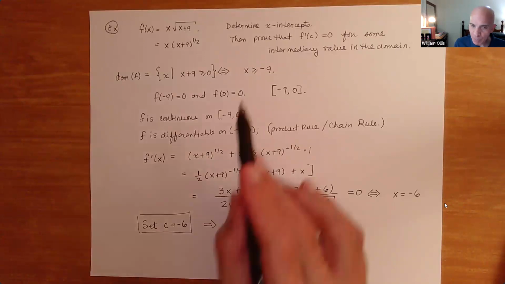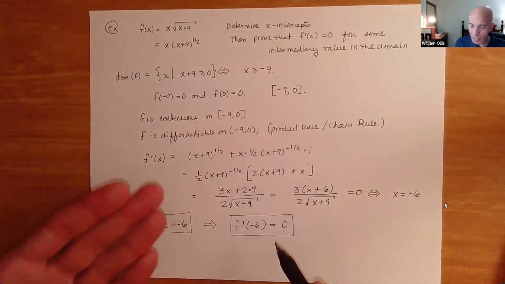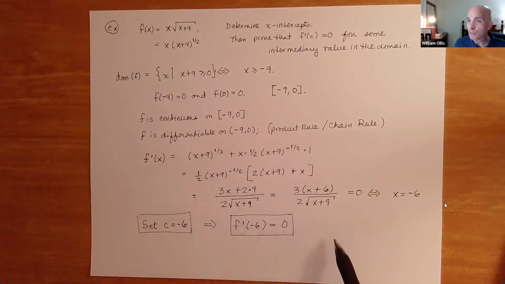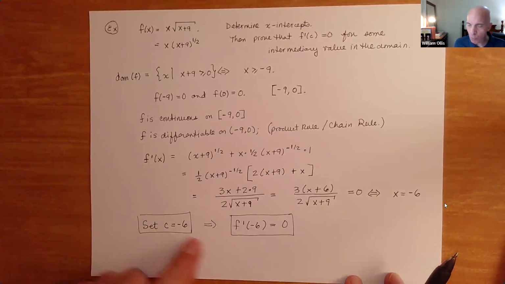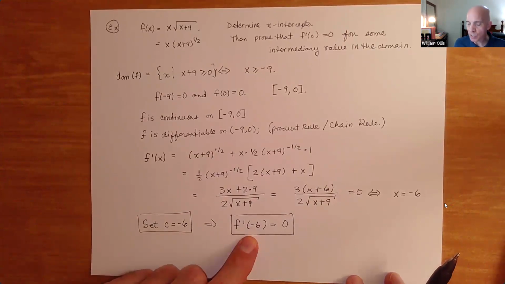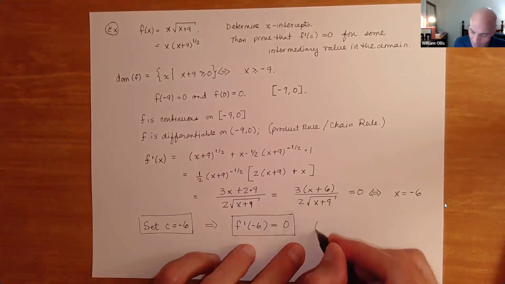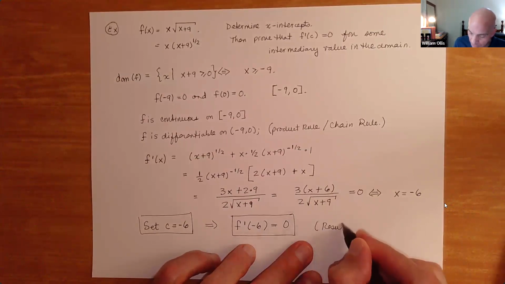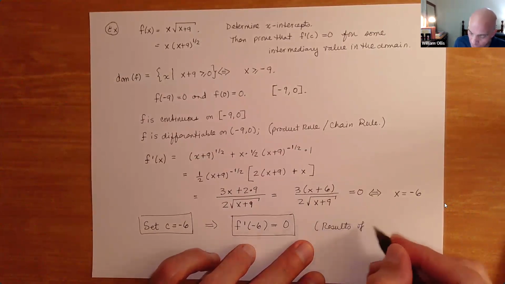It just happens to be the case in certain situations you can actually solve directly for that particular object. That is, in this case, we have the c for which we have the horizontal tangent. So we basically have results of Rolle's theorem.